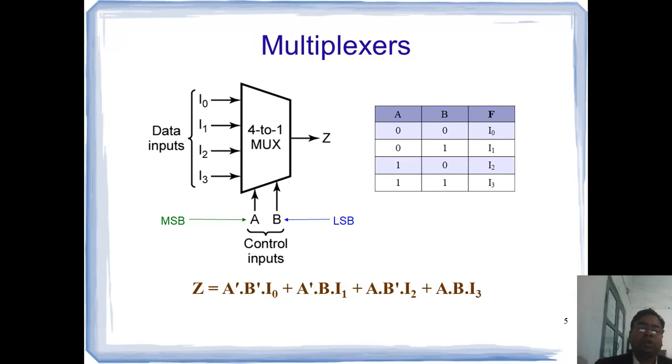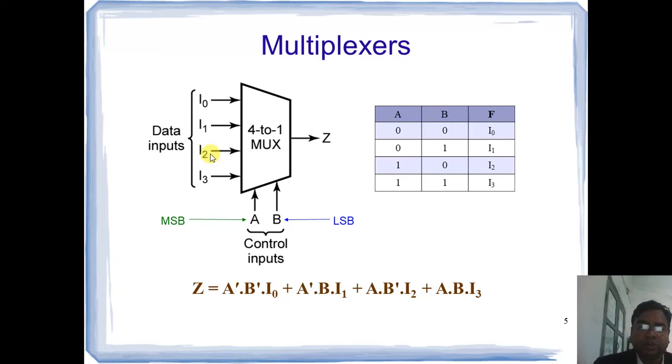Similarly, we have the 4:1 multiplexer, in which we have two select lines, and depending on these, 2 raised to power 2, that is 4 input lines I0, I1, I2 and I3, and we have Z as the output. This is the truth table for this. If the value of select lines AB is 0, 0, then we get I0; if 0, 1, then I1 is the output.